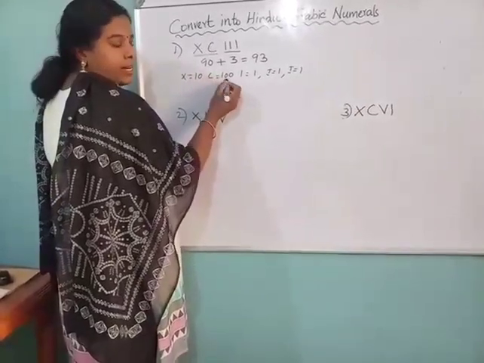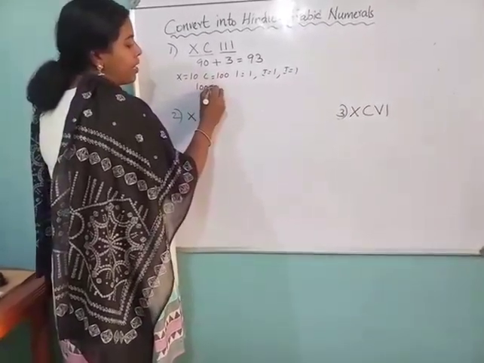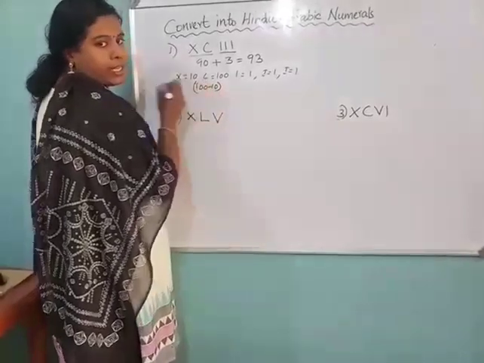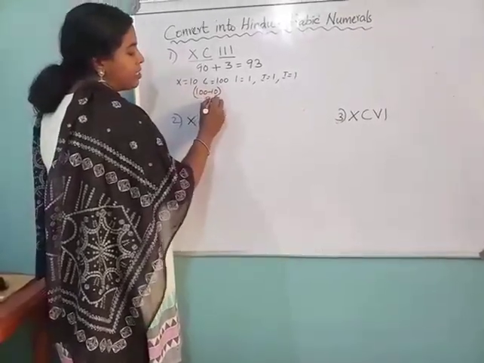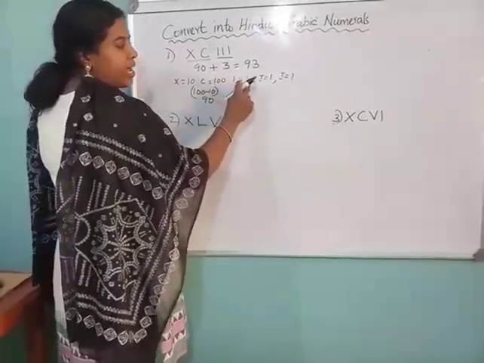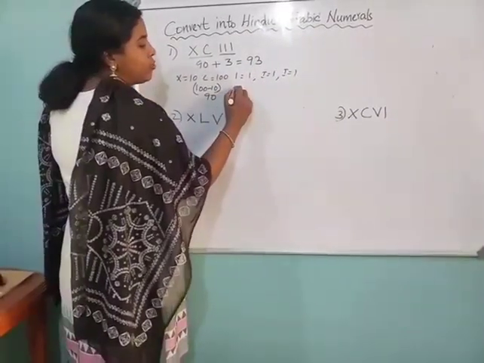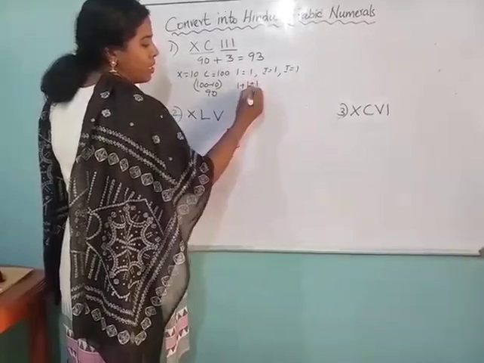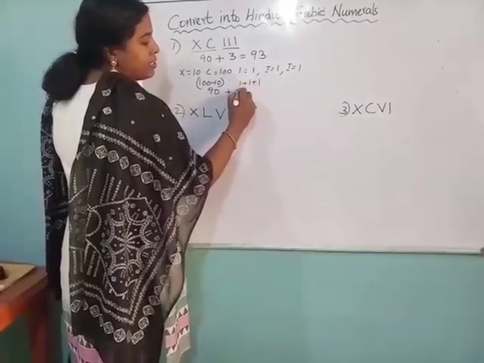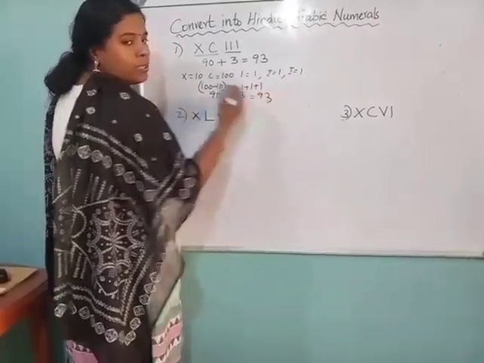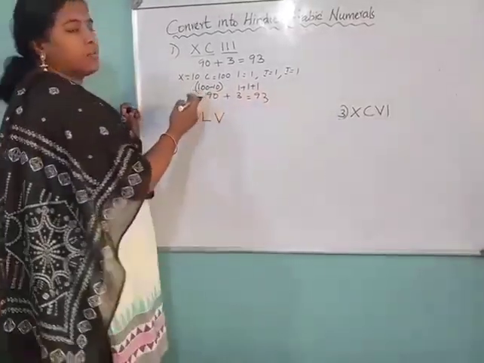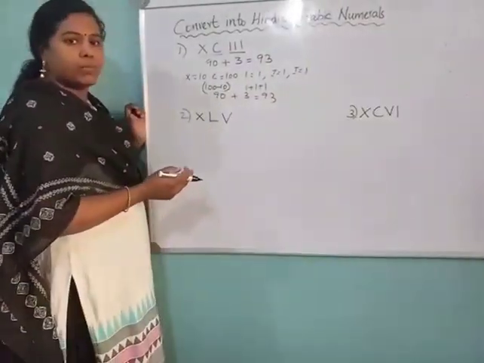So 100 minus 10 is 90. Then I, which is repeated. Repeated means addition. So 1 plus 1 plus 1. So 90 plus 3 equals 93. This is the way to convert Roman numerals into Hindu-Arabic numerals.